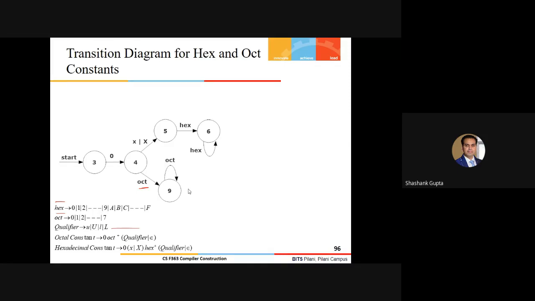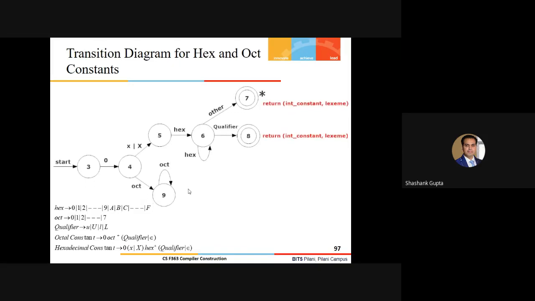Because we said that, yes, epsilon, how to deal with it? Yes, so we have to deal with the epsilon as well in that case. So here, what exactly is the terminology I have just introduced for, let's say, hexadecimal constant?